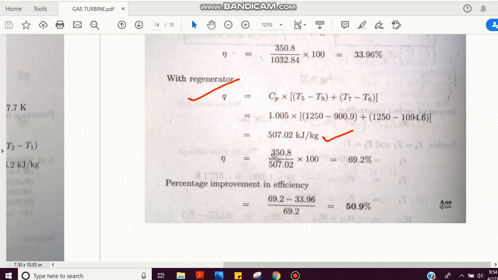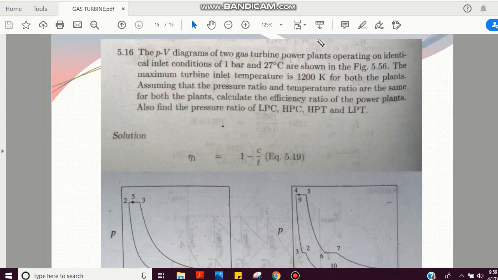Work done is the second turbine work by the heat input. So that is 69.2% with regeneration. So now the percentage of improvement in efficiency is with regeneration minus without regeneration by with regeneration. So that is 50.9% improvement in efficiency. Okay, thank you.